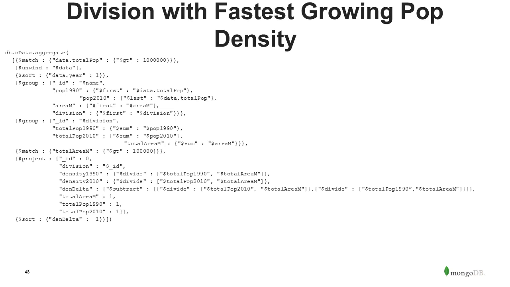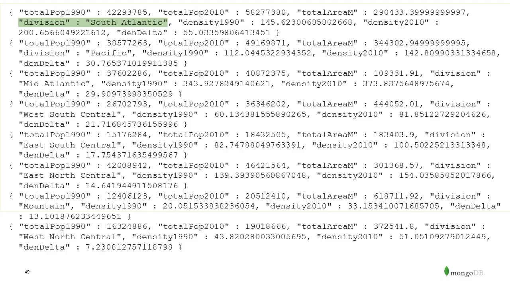And then there's a couple different groupings to massage the data that we've looked at each of the pieces of, and then another filtering on the total area, and so forth. And the output of that is something like this, and it looks like the answer to our question is that the South Atlantic Division had the fastest growing population density.